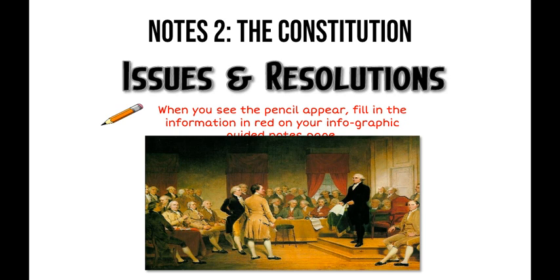The second issue that they had to deal with was how should the slave population be counted? The third is how the president should be elected. And the fourth was an issue with actually approving the Constitution. We're going to look at those issues and how they resolve those issues right now.